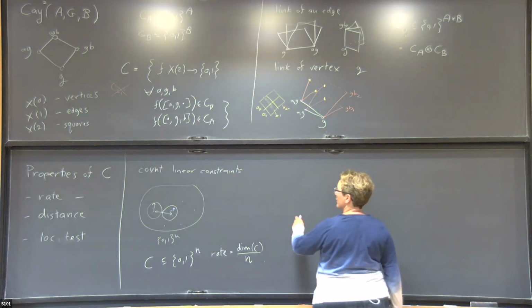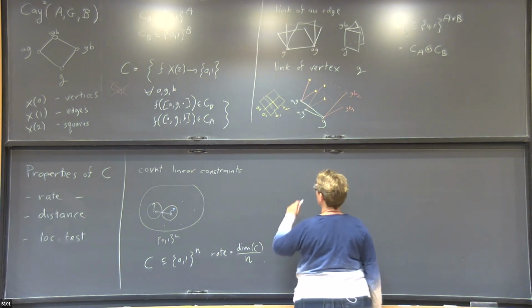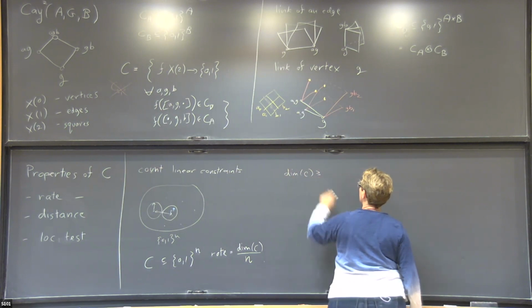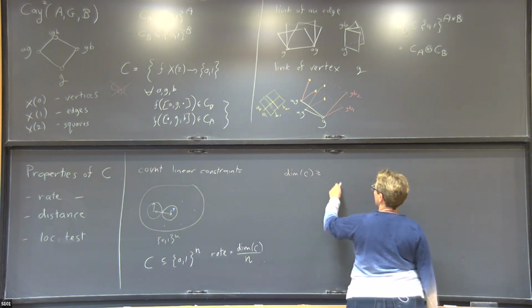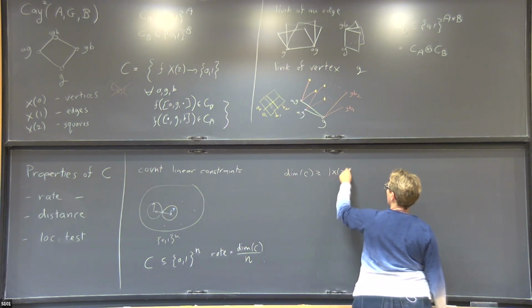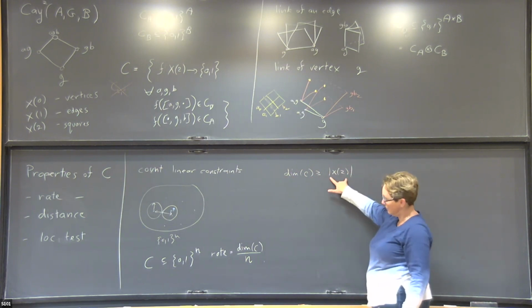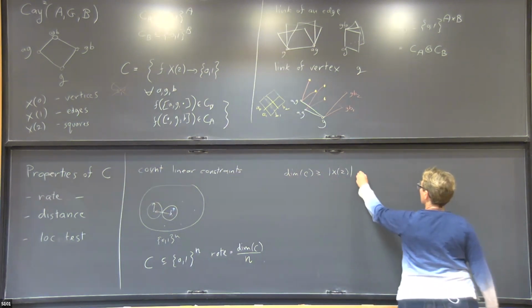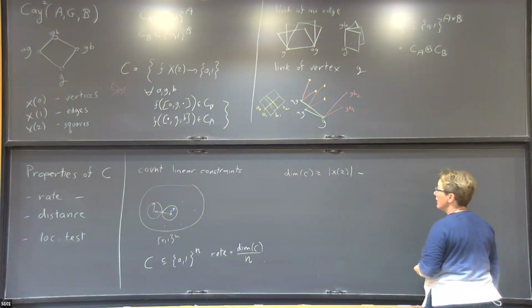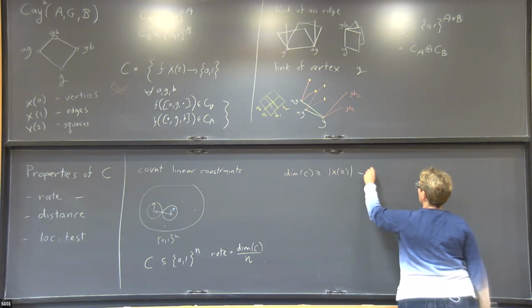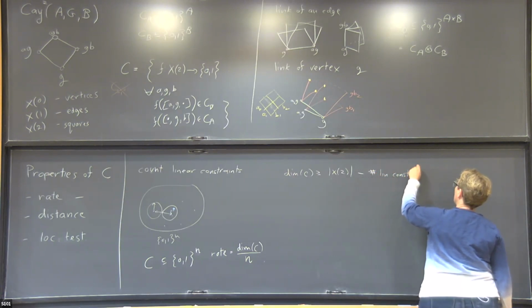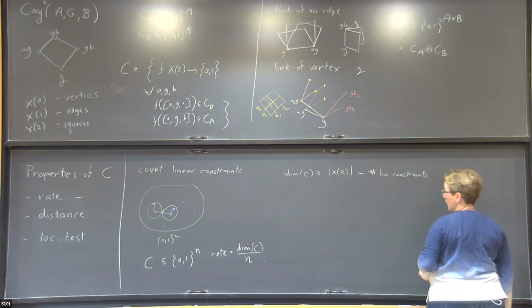Okay, so what is my rate here? So for us, the dimension of C is at least, let me say, the number of squares. That's the ambient dimension, that's n in this notation, minus the number of linear constraints. So let's count.